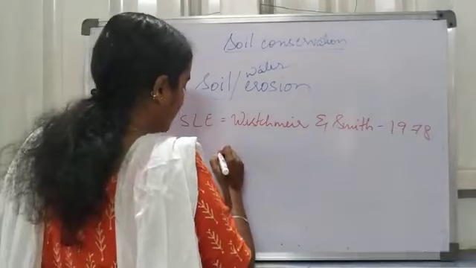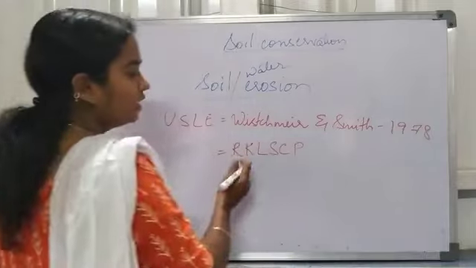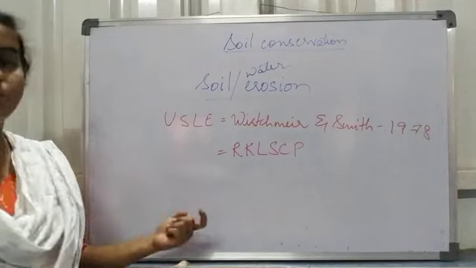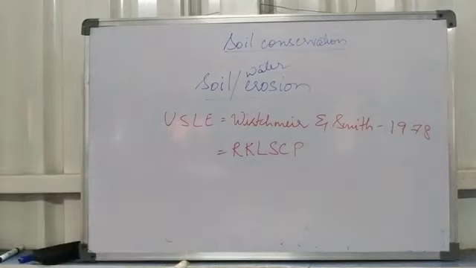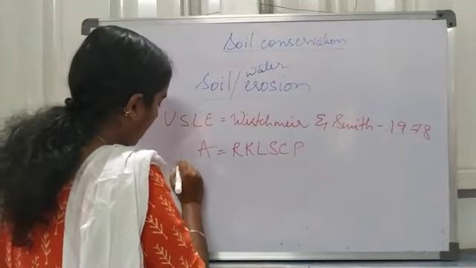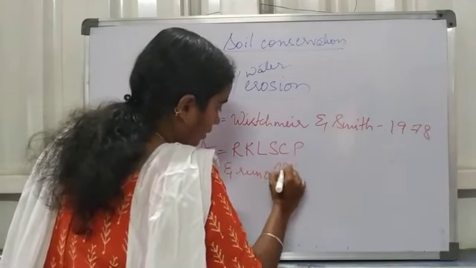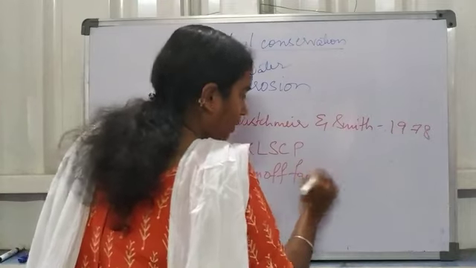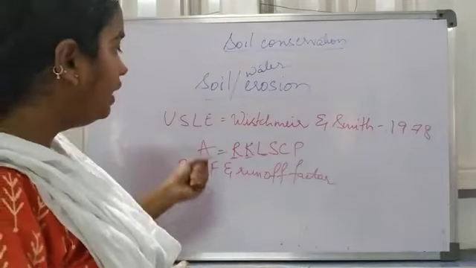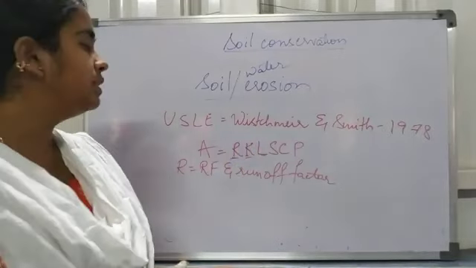So the equation says that this is RKLSCP. These are the abbreviations of the different factors which are involved. The first one is R: you can remember, R means rainfall and runoff factor, and it is very important to remember which letter indicates what factor, and definitely one of these will be asked either from the water erosion or from the wind erosion soil loss equation.